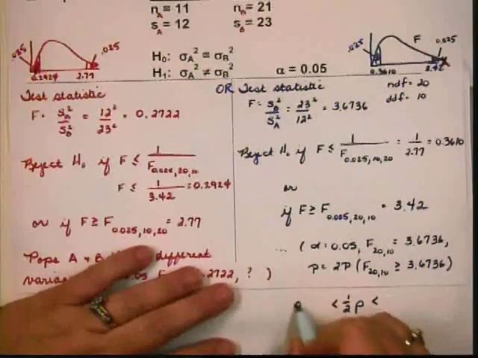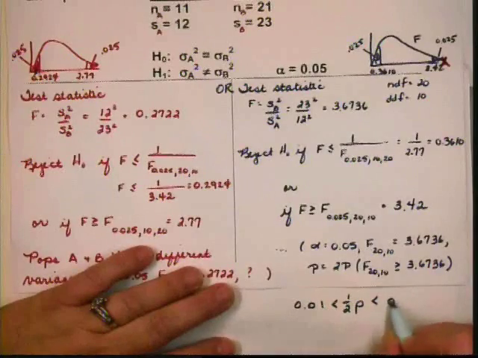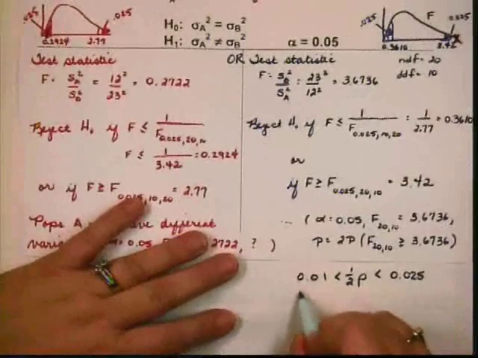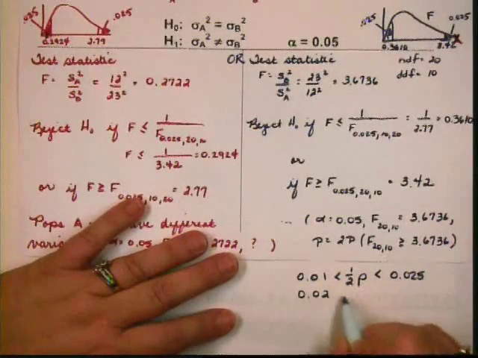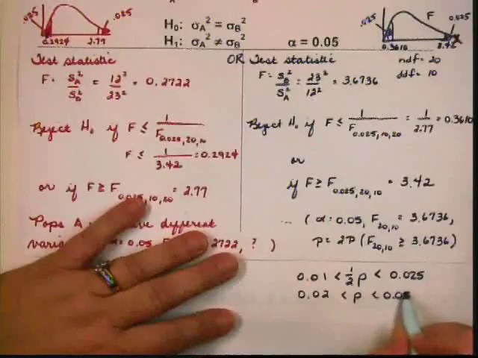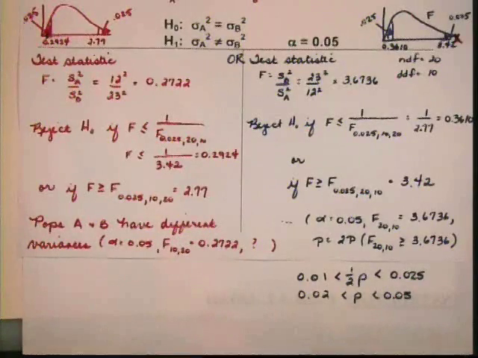So this would be 0.01 and 0.025. And so our p-value then is twice this, 0.02 less than p less than 0.05. If we reject the null hypothesis, we have to compute a p-value that's less than alpha. And alpha was 0.05.